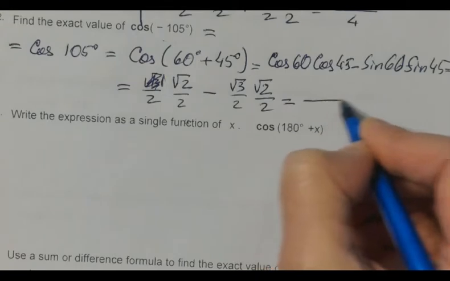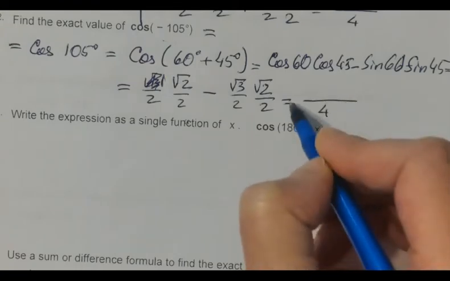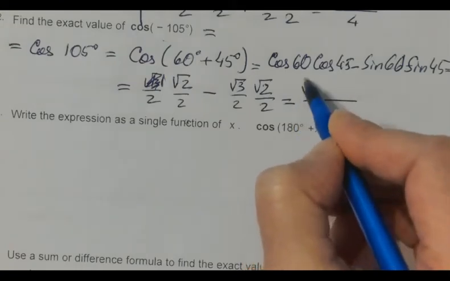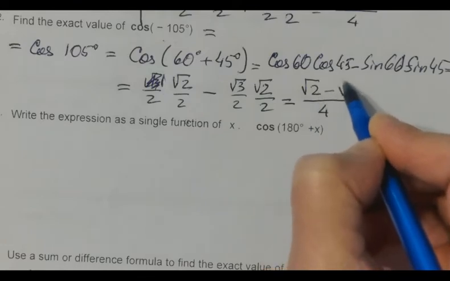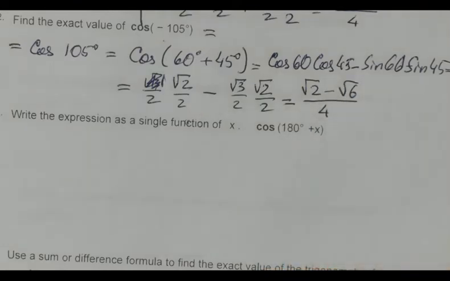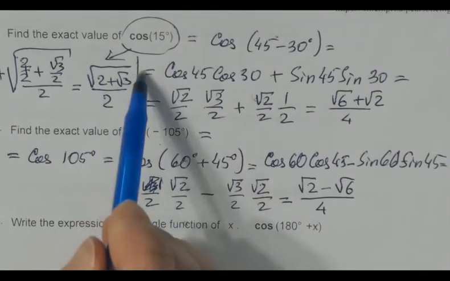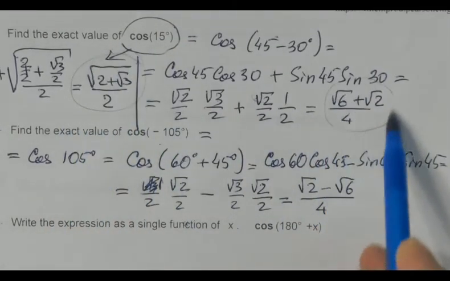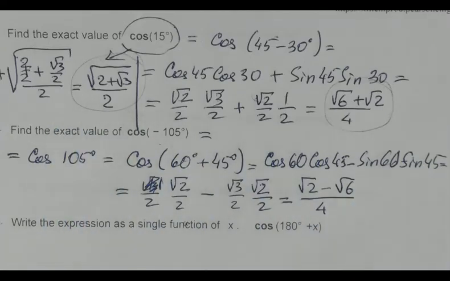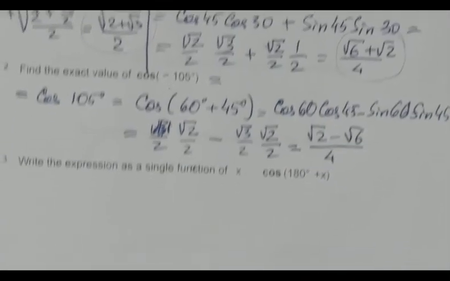So we have the same denominator 4 and the numerator is square root of 2 minus square root of 6. I forgot to tell you that in the previous problem we got two different answers, but actually it can be shown that they are equal to each other.